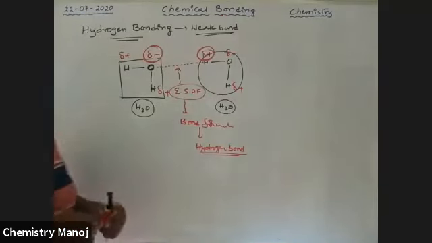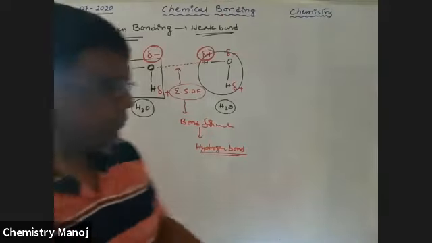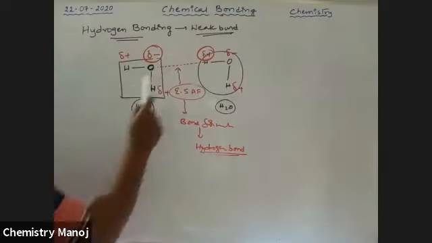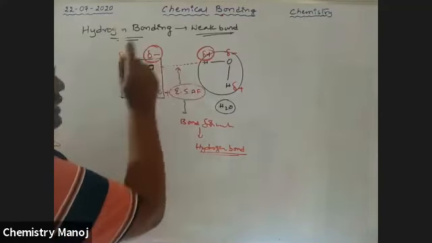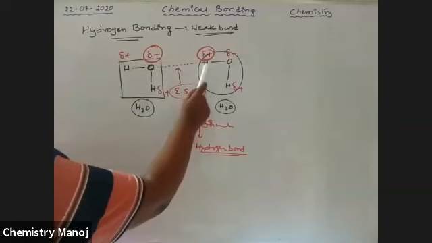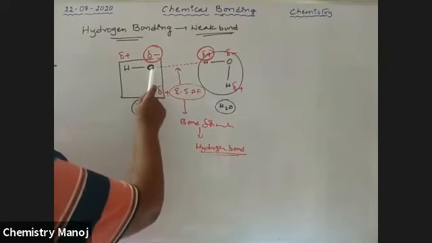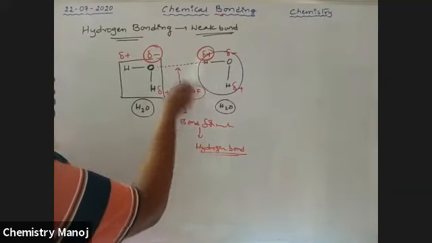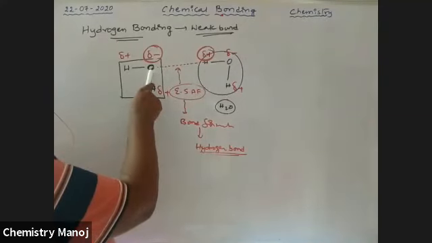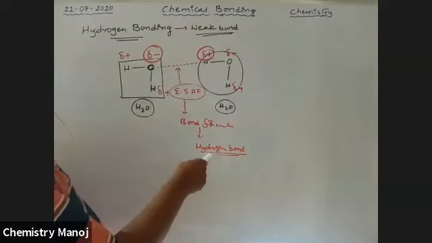Now, once again, I am repeating the statement. See here. A weak electrostatic force of attraction present between a hydrogen atom and a highly electronegative atom of the same molecule or another molecule is called a hydrogen bond.